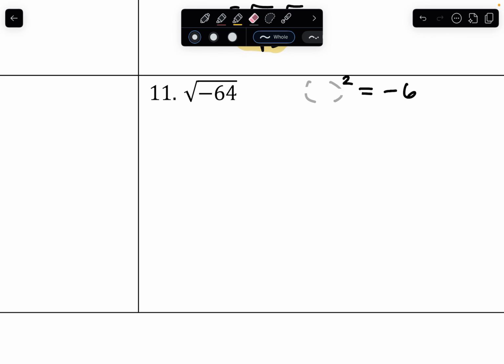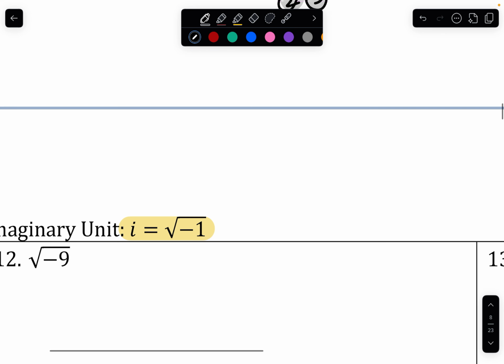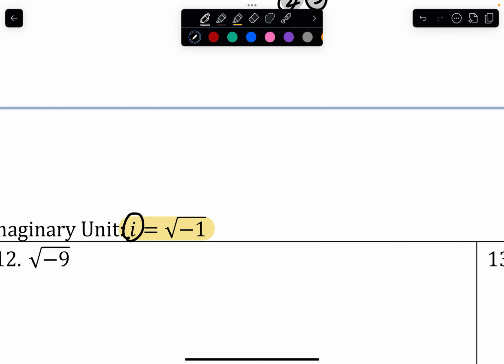And so in order to be able to take square roots of negatives, we need to rewrite this as a product of -1 times whatever number we're interested in. And then we can break it up just like we have been. And then the square root of -1 is just defined to be I, the imaginary unit I. We just made it up.